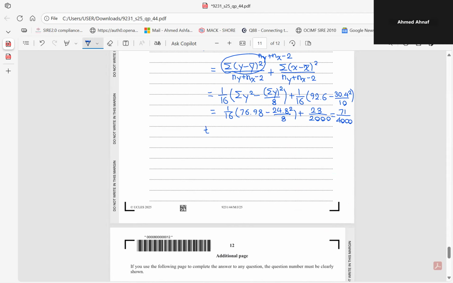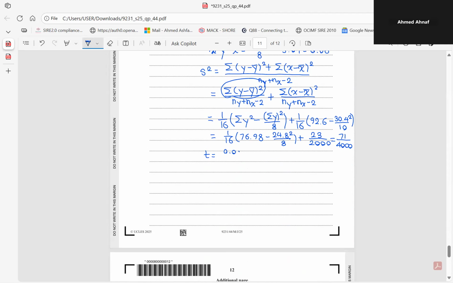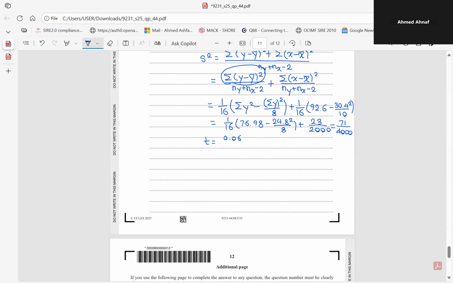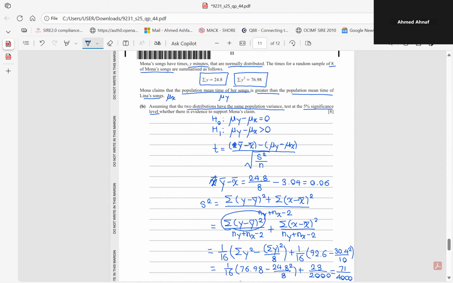Now we can find our test statistic. So 0.06 minus 0 over s squared, that is 71 over 4000 times... wait, oh, sorry. This is supposed to be s squared times 1 over nx plus 1 over ny.